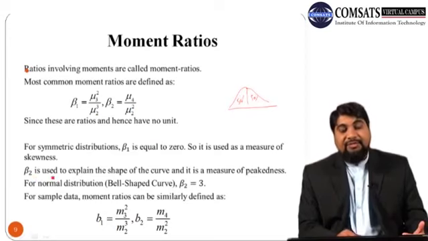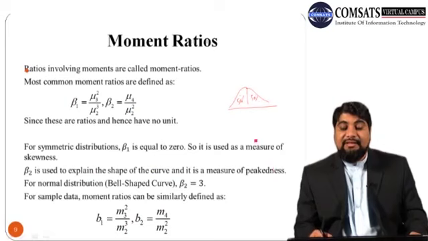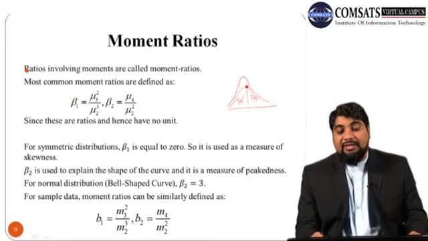Similarly, beta 2 is used to explain the shape of the curve, and it is a measure of peakedness. It tells whether the peak is above this normal curve or below this normal curve.